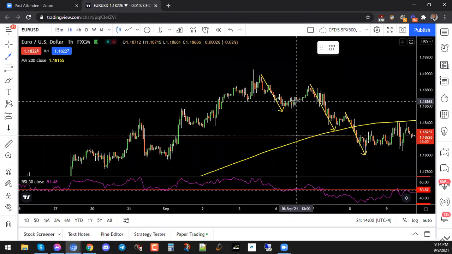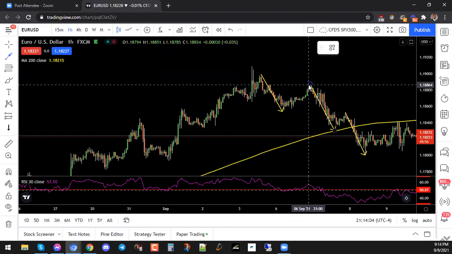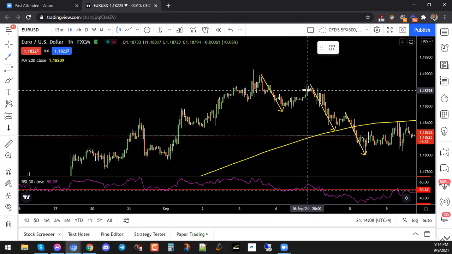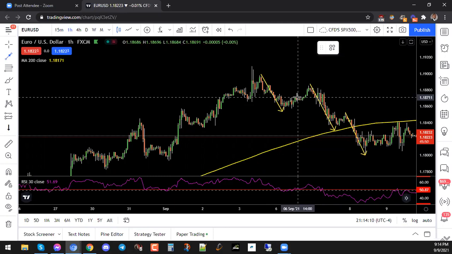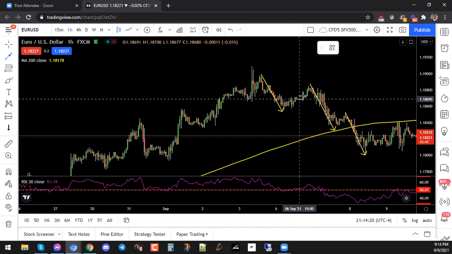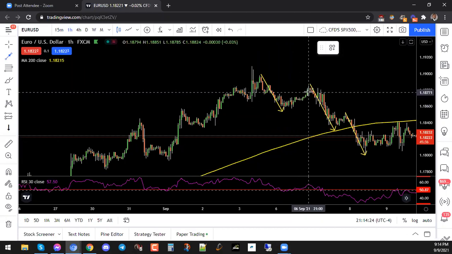So between 12 p.m. Eastern Standard and 4 p.m. Eastern Standard, these are the times when the price would usually stop and stall out.